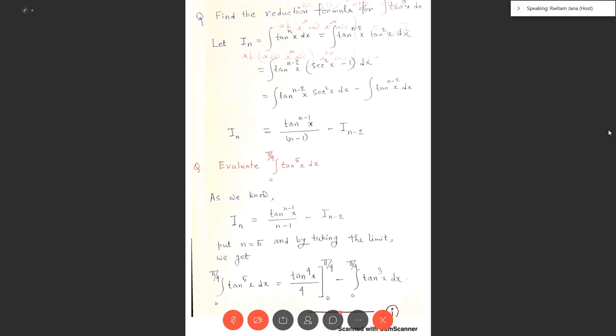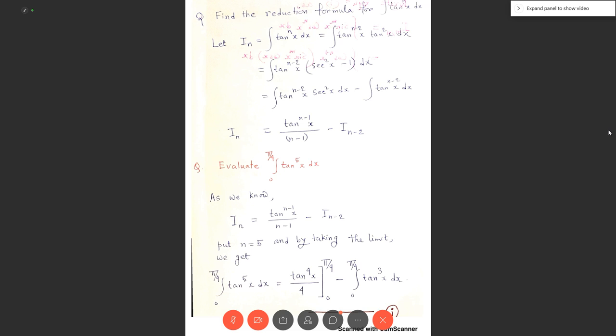And I3 is nothing but, put n equals to 3, and it will give you I3 is equal to the integral from 0 to pi by 4 of tan cube x dx. But where am I getting three from? Then, if you put n equals to 5, then I3. Now put n equals to 3 over here. Yes, the same thing.